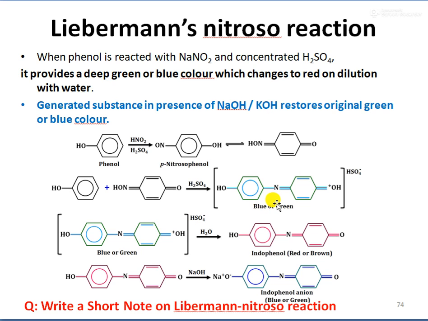And again, when this structure is treated with water, the accompanying HSO4 minus ion from the sulfuric acid will be lost, and indophenol, a red or brown color, will be formed in the solution. This is the complex here, which is causing the red or brownish color.